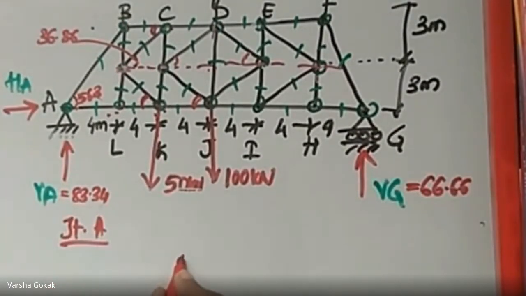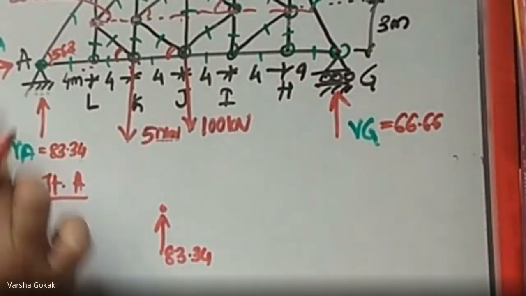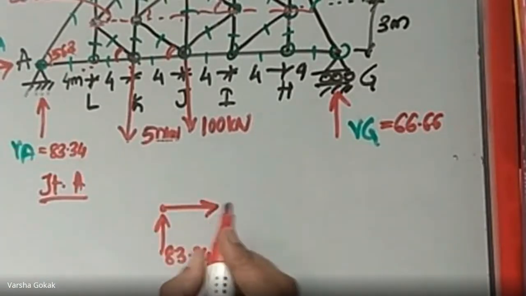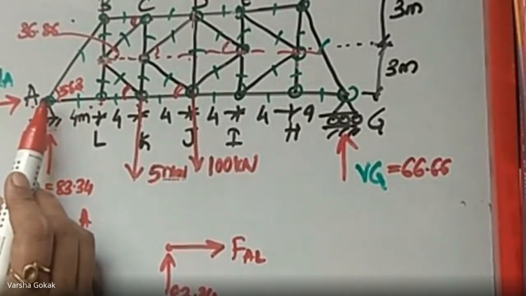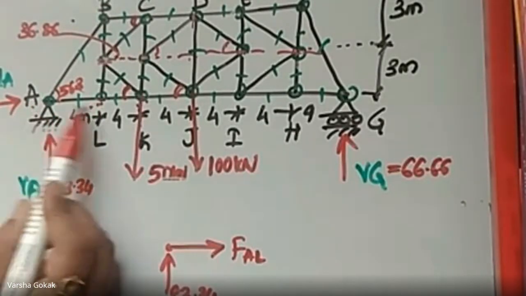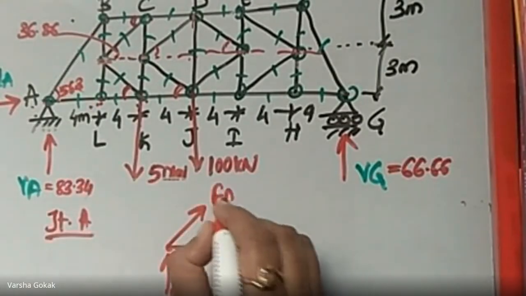So at A, what all is there? There is a reaction 83.34. Then we have a member going out like this. I'll call it FAL, because this is A, this is L. So the force in member AL is FAL. The force in member AB is FAB.